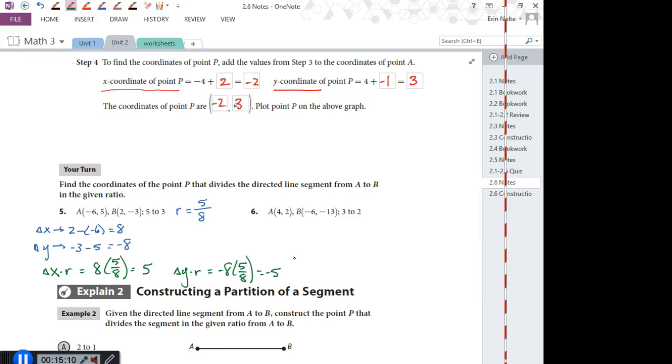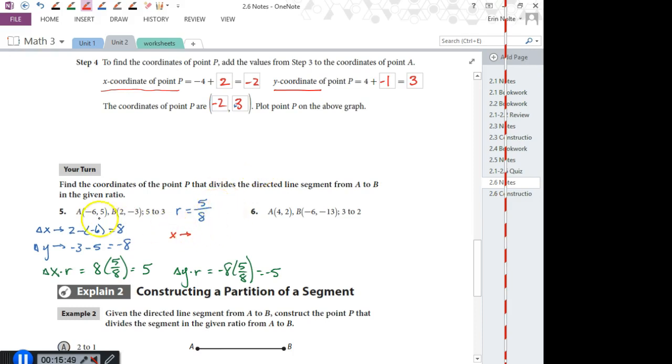Am I going too fast? Is everybody following? Okay, so to find my P point, I'm going to use my XA. What's my XA value? Like, what is the X value of A?